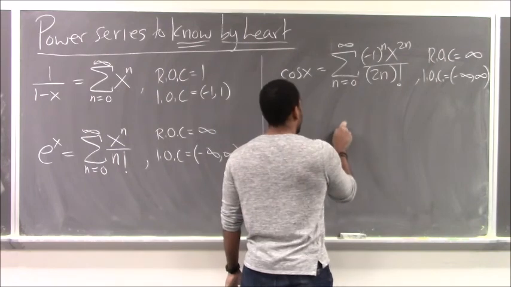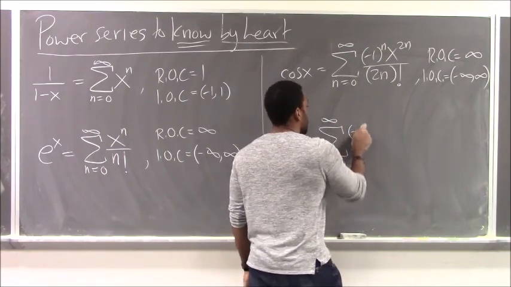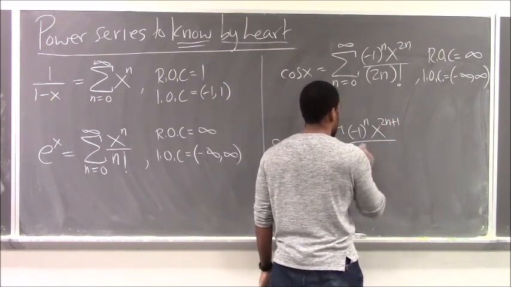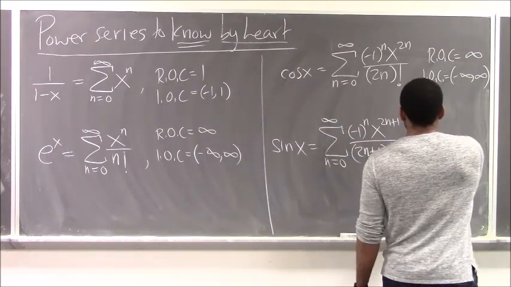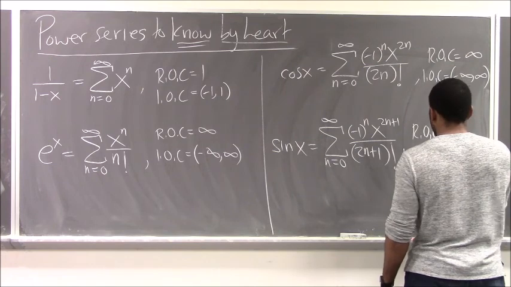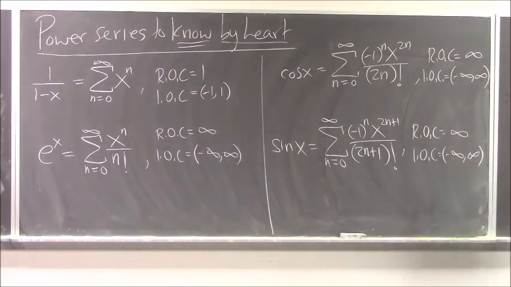Sine of x is the series minus 1 to the n, x to the 2n plus 1 over 2n plus 1 factorial. This guy has a radius of convergence of infinity, and the interval of convergence is, of course, the entire real line, minus infinity to infinity.